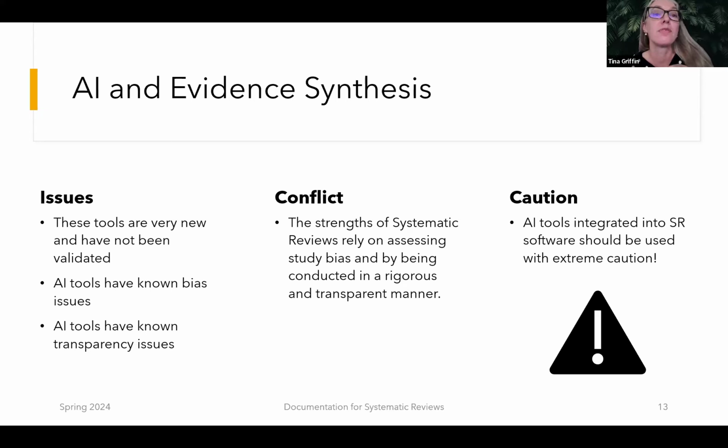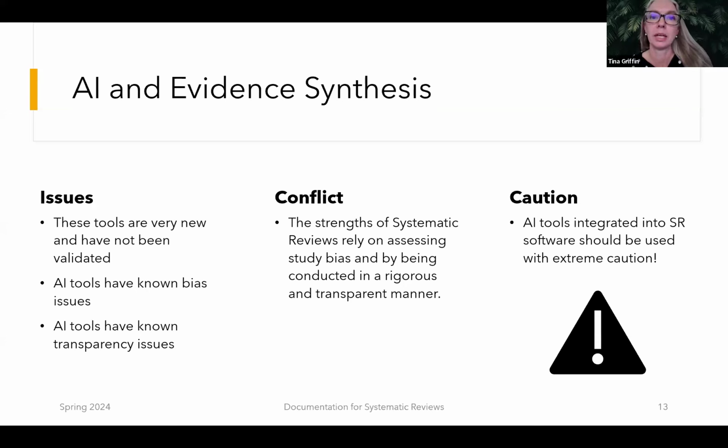Again, AIs have different biases within them as well, but if you're using AI to assist in, say, screening and things like that, we need to be very, very careful about whether or not these are appropriate to use, because it does seem like there's a direct conflict specifically regarding transparency and replication.